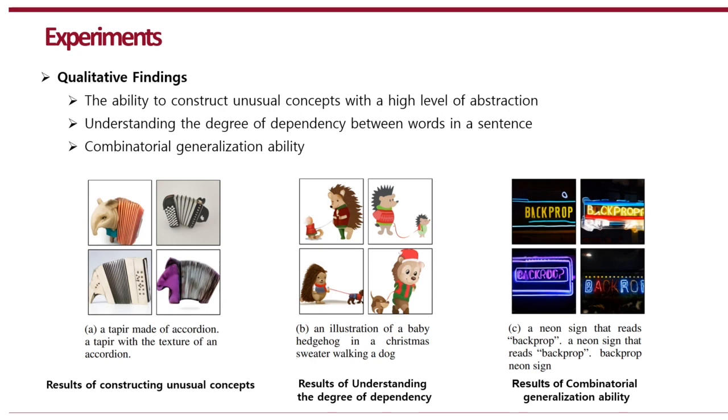As you can see from the figure below, in the qualitative findings from the experiments, the proposed model has the ability to construct unusual concepts with a high level of abstraction. In addition, the model can understand the degree of dependence between words in a sentence through the ability to generalize combinations.